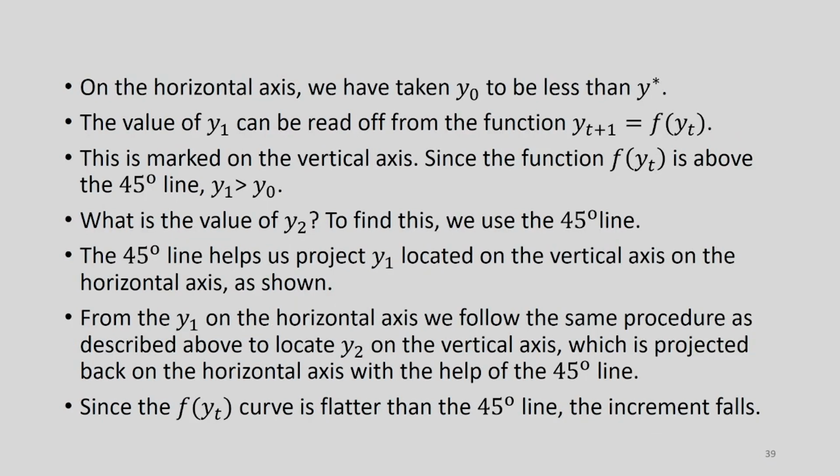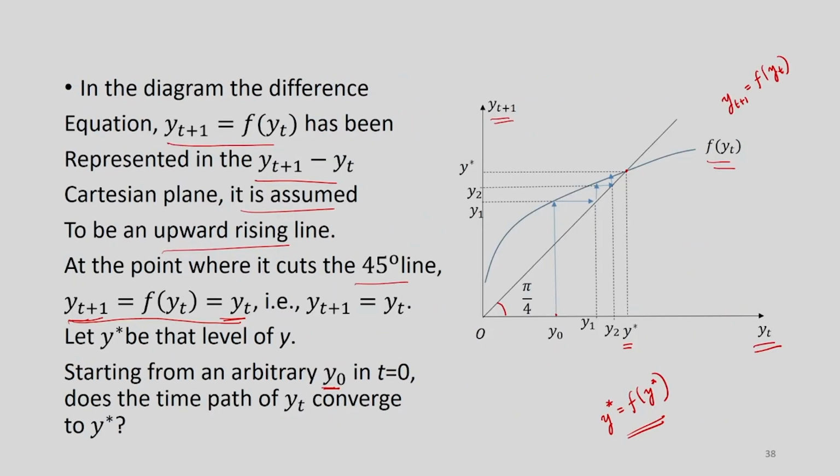On the horizontal axis, we have taken y0 to be less than y star. Now, y0 is here. Then the question is, where is y1? Well, that can be easily found out by using this function.